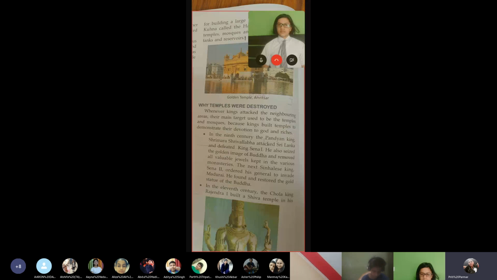So the reason why the temples and mosques were destroyed in earlier times is that whenever another king came to overpower a particular kingdom, he first attacked the temples of that kingdom, because those temples were the symbols of the king's strength and riches. So that is the reason why the temples were attacked and destroyed.